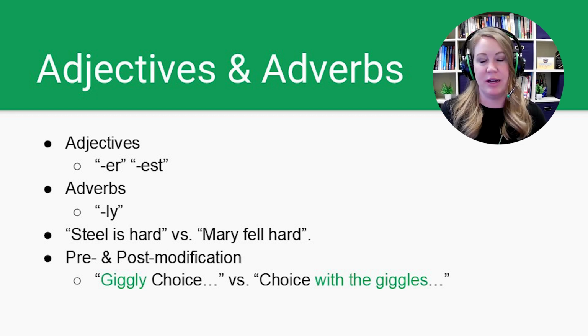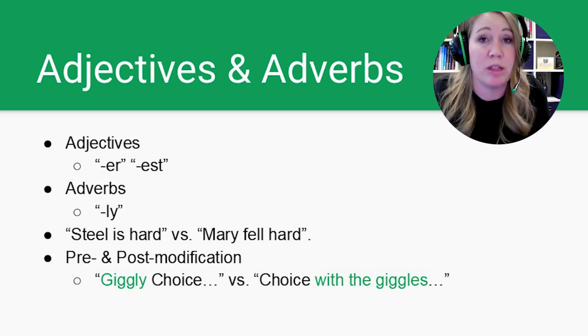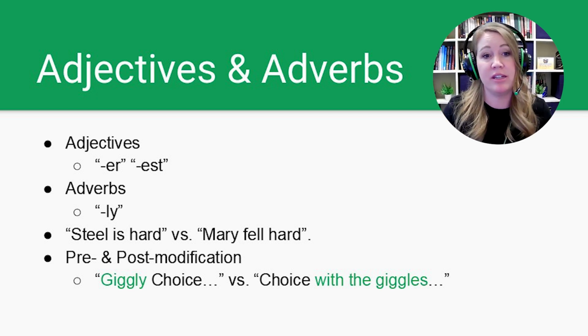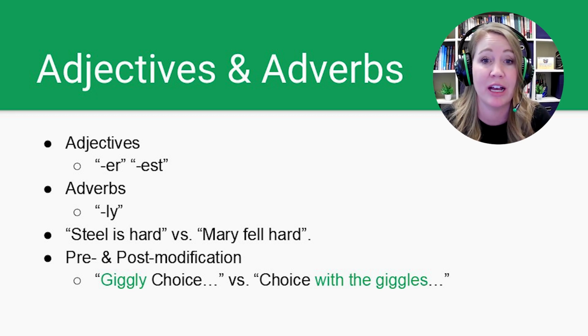So in the sentence, steel is hard versus Mary fell hard, the word hard serves a different syntactic function between those two sentences. In steel is hard, the word hard is acting as an adjective complement. It's following the copular verb is, right?